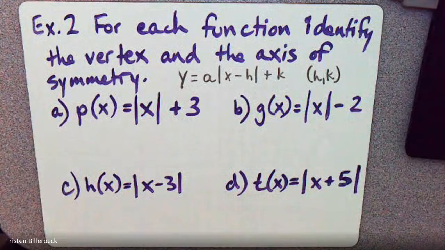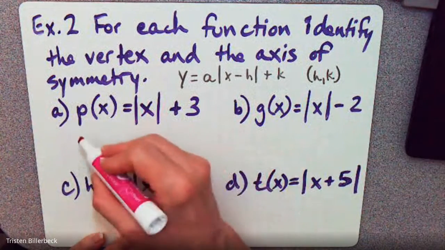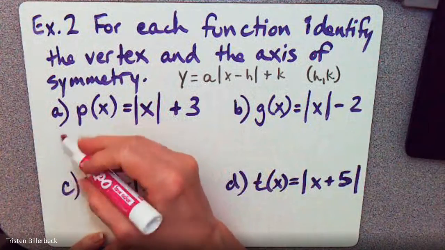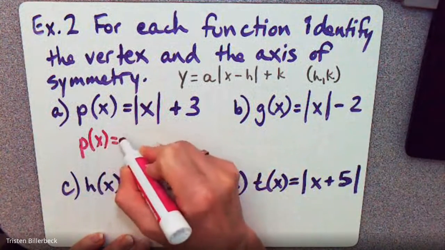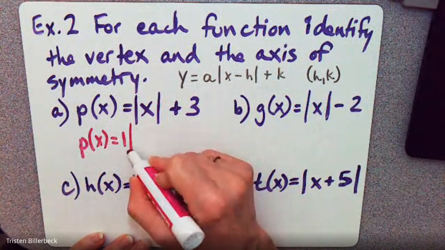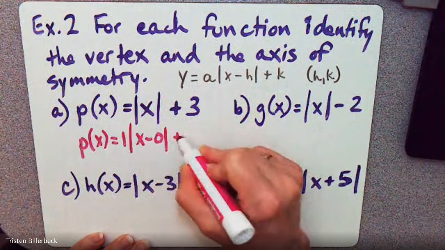Let me find a different pen that has a prettier color there. Okay, so this one, p of x actually has a 1 in front, and we have x minus 0 plus 3.